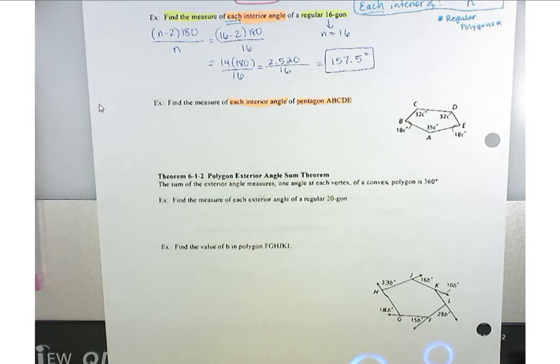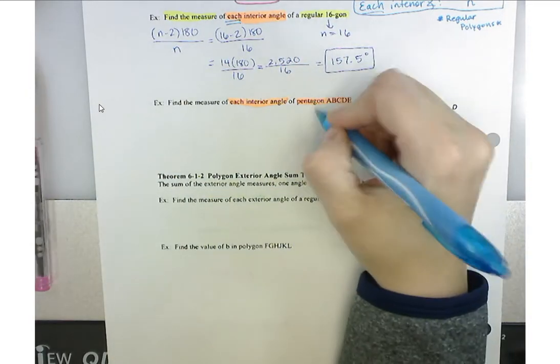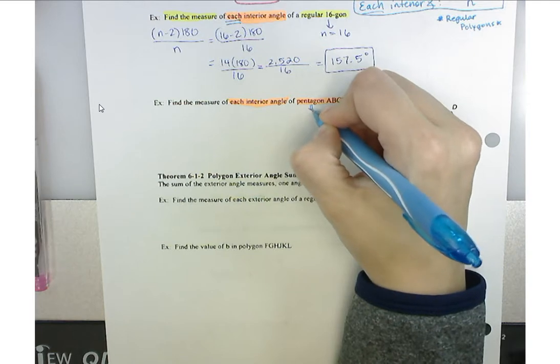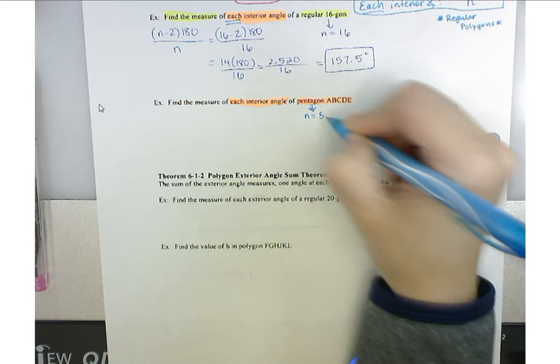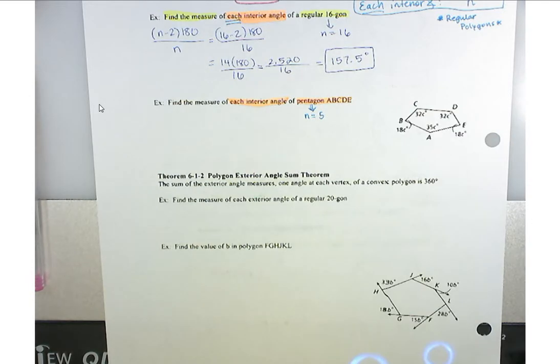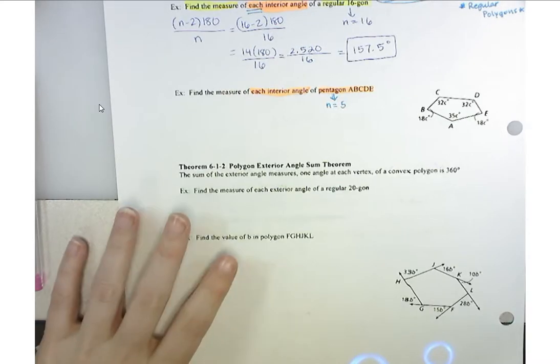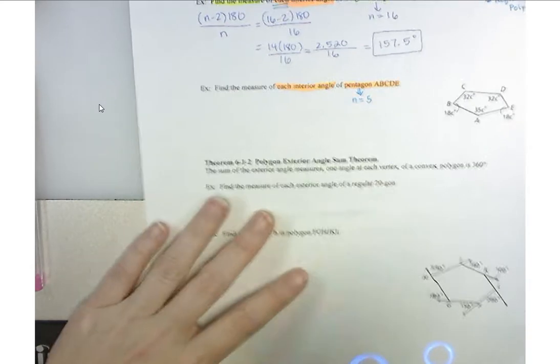The key thing is they told us it was a pentagon, right? How many sides does a pentagon have? 5. So that's going to be your n value. So this one we are going to do in 2 steps. The first thing we have to do is find the sum.